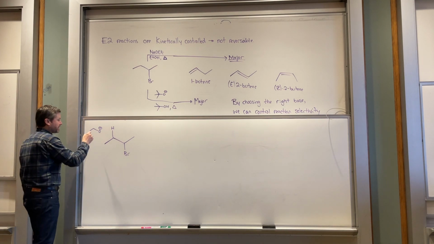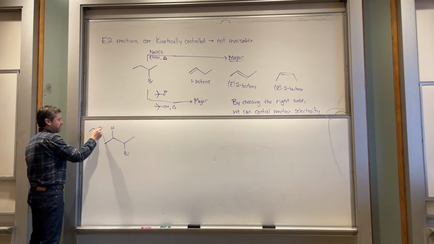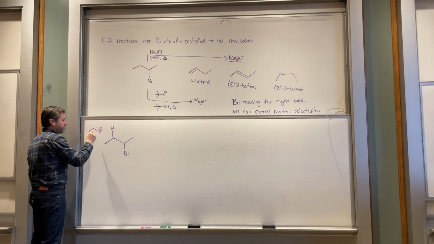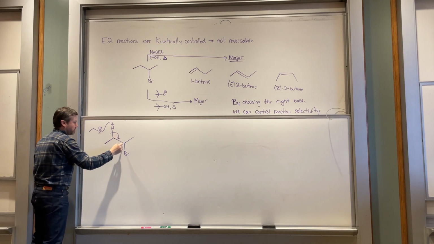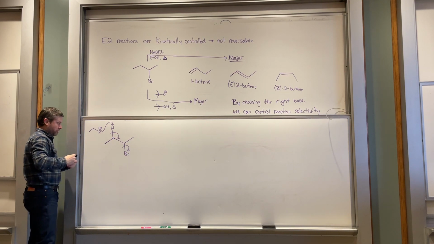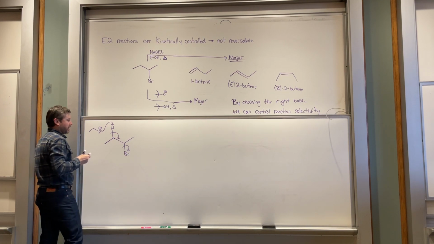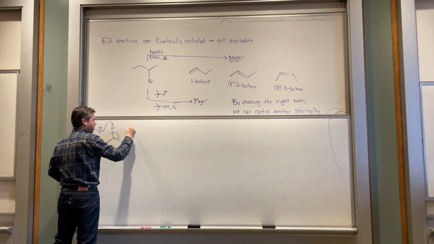Right, so the two mechanisms that we would see: ethoxide is going to pull mostly from the secondary carbon, whereas tert-butoxide is going to pull mostly from the primary carbon.